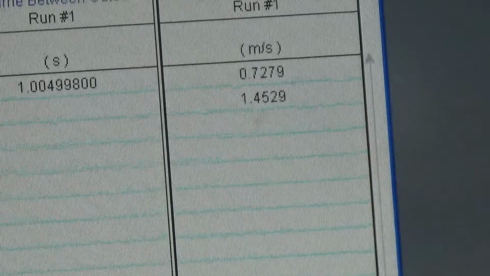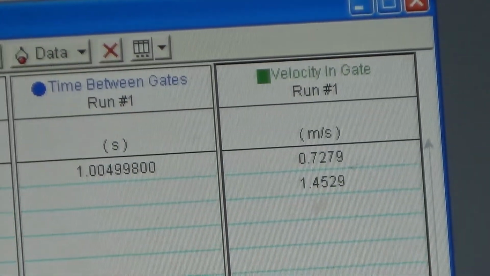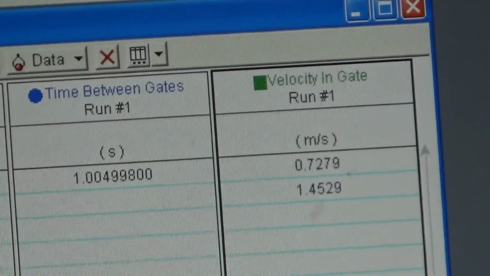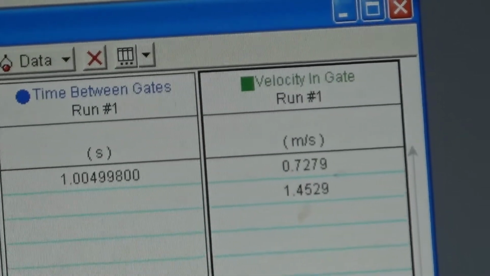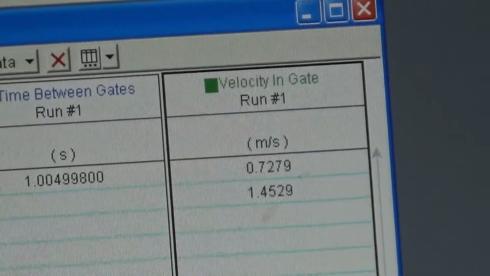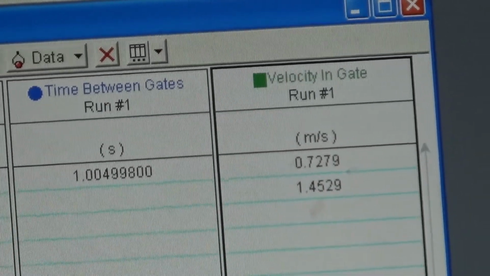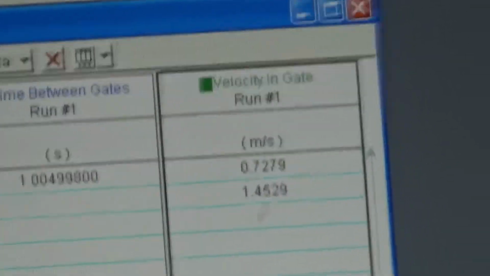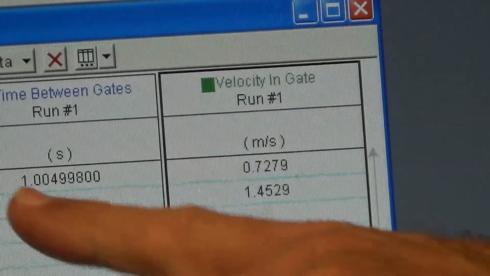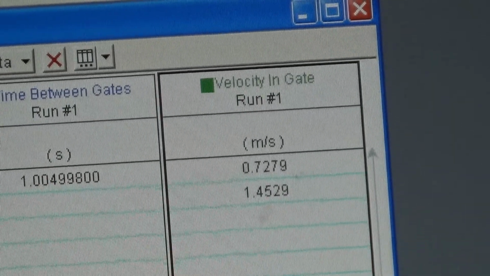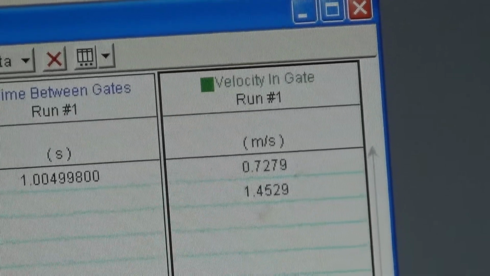There's the velocity in gate 1, the velocity in gate 2, and you can see that it's sped up considerably. It's almost double what it was in gate 1, and the time between the gates was about a second, okay? So the difference in these velocities divided by the time between the gates is the acceleration downhill.